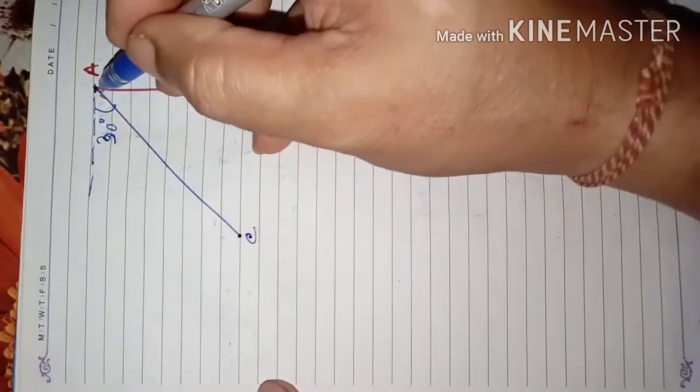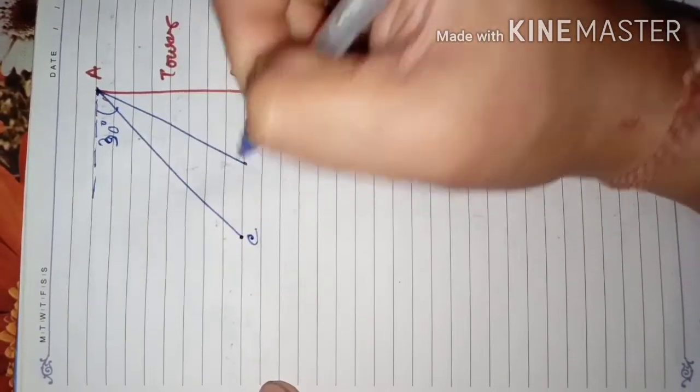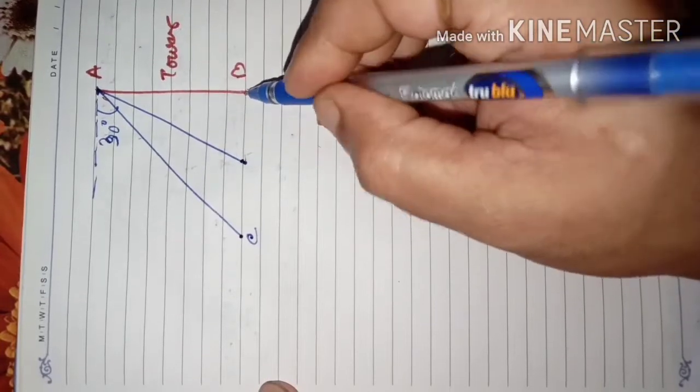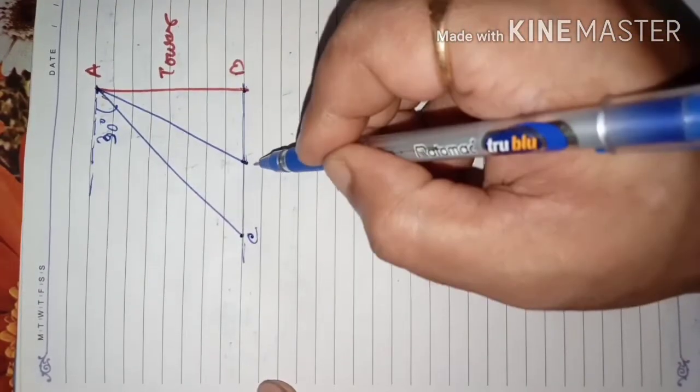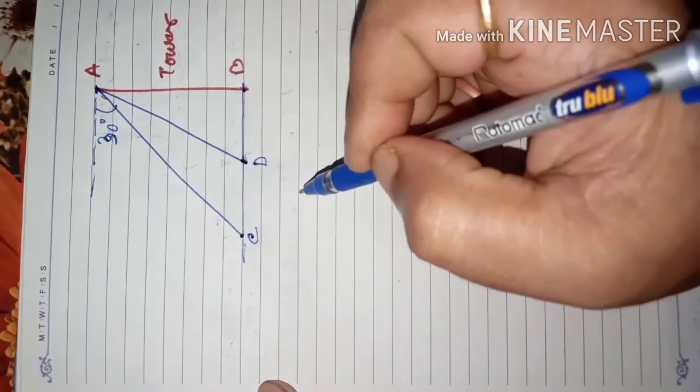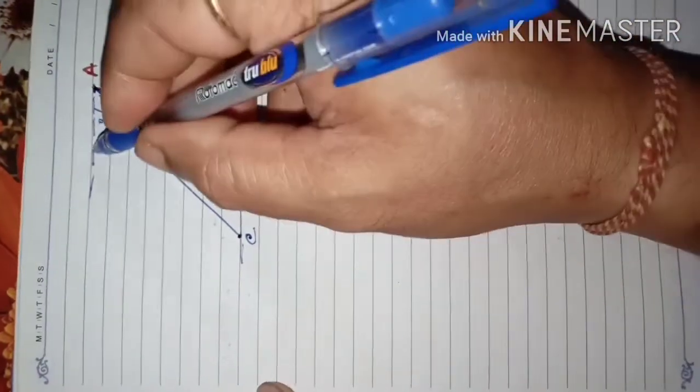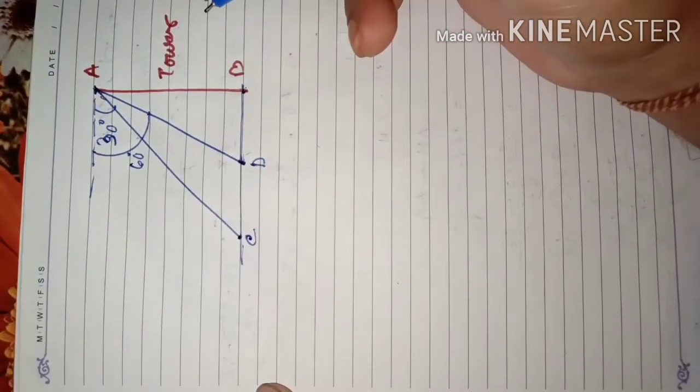And after some time, the car reaches this point, which is approaching towards the tower. So then, at this point, say at D, the angle of depression is 60 degree. 30 degree, 60 degree.